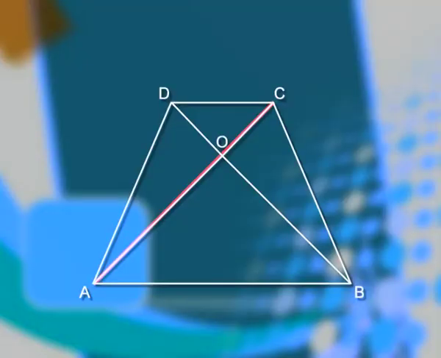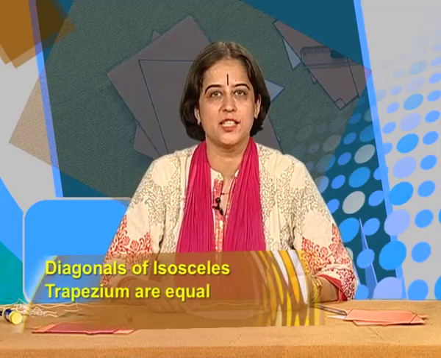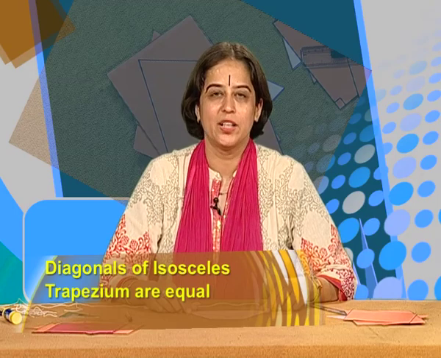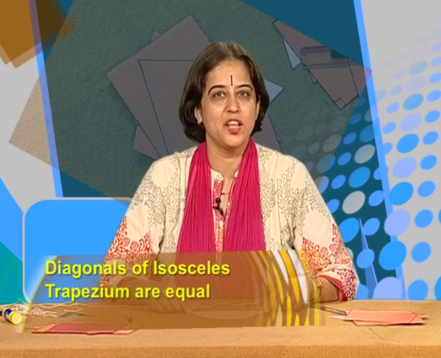It is observed that the thread equal to length of AC completely covers the second diagonal BD. This means the diagonals of isosceles trapezium are equal. Dear students, you can verify the properties of diagonals of different types of quadrilaterals through such activities.